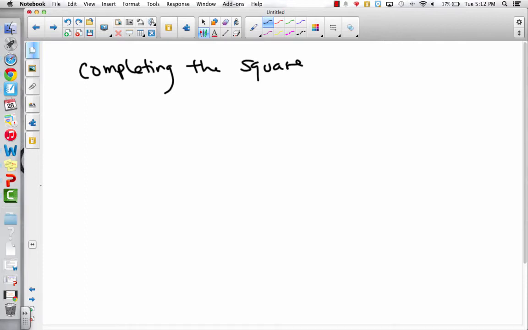All right, so this is really done easiest by showing an example. So I'm going to start off with a basic example. Okay, so when we're looking for completing the square, maybe I have something like x squared plus 6x plus 4 equals 0.